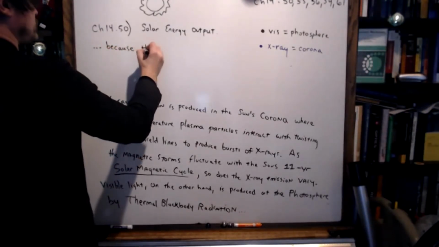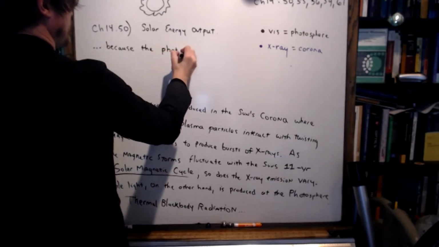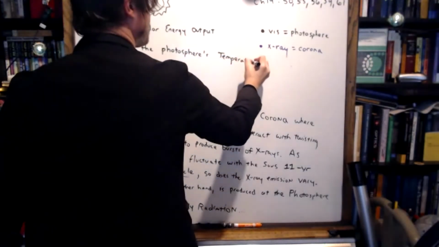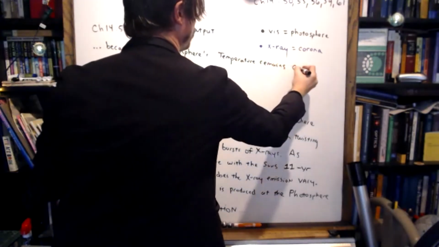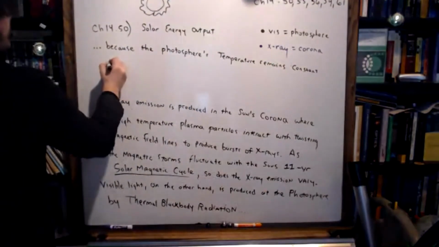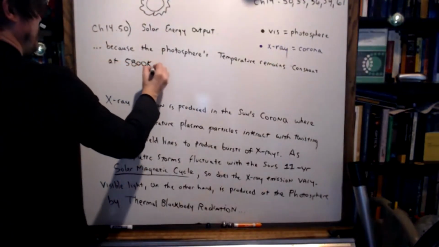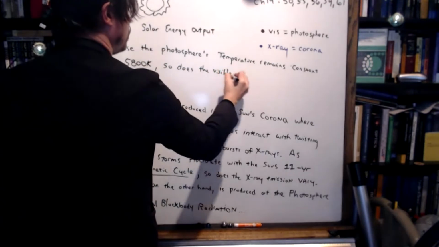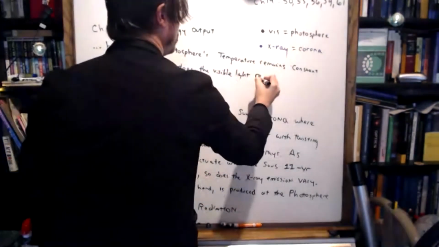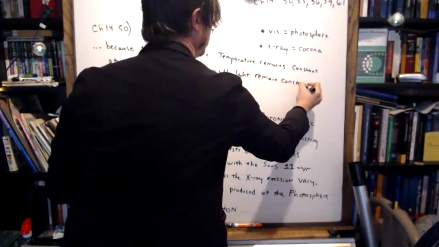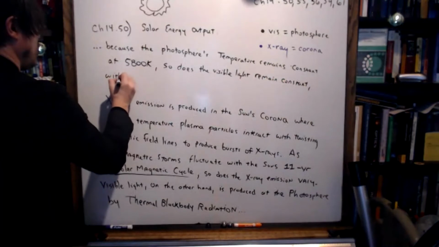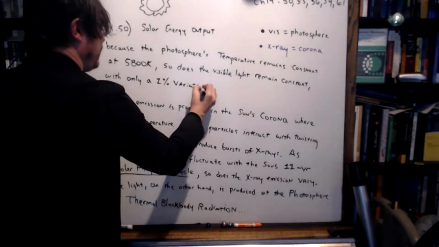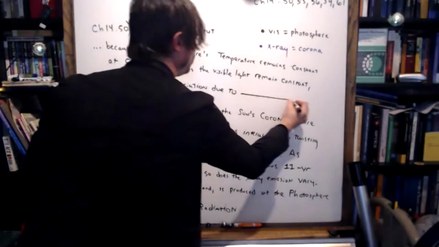Because the photosphere's temperature remains constant at 5800 Kelvin, so does the visible light remain constant, with only a 1% variation due to blank.